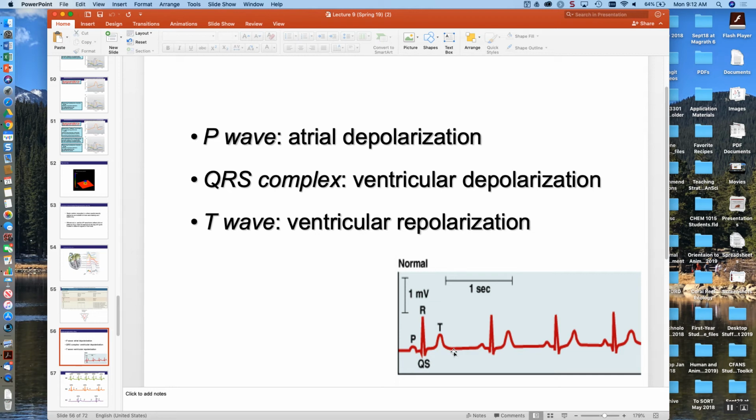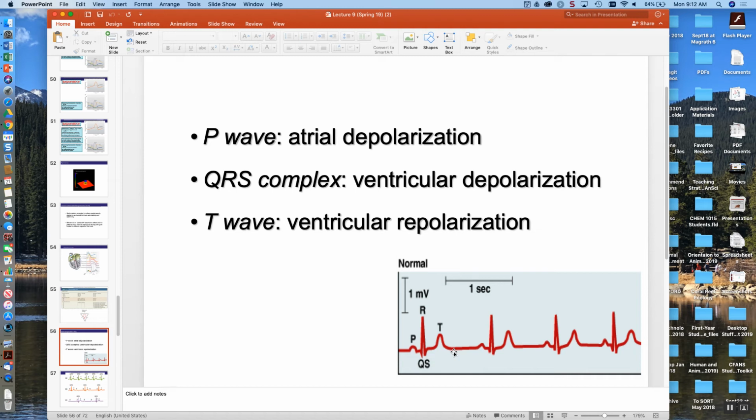So remember, repolarization is going to follow the same path, and as it sweeps up in this direction, the P wave, depolarization in one direction, looks exactly the same as repolarization in the opposite direction. That's why the P and the T wave look very similar.